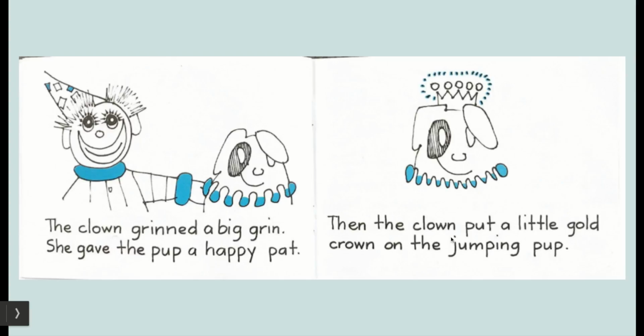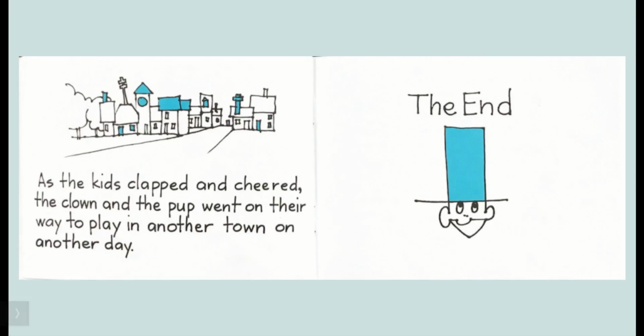Then the clown put a little gold crown on the jumping pup. As the kids clapped and cheered, the clown and the pup went on their way to play in another town on another day. The end. And that's the end of our lesson today.